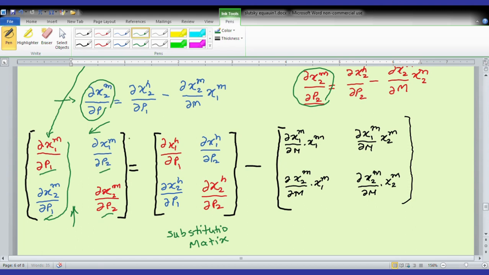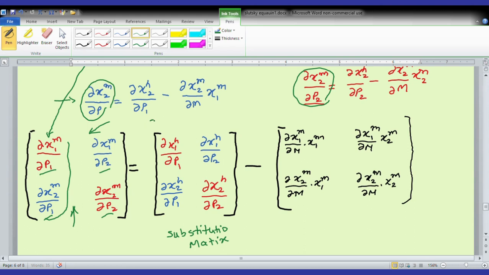If there had been a third commodity, there would have been a third column as well as a third row, the third column consisting of the partial derivatives of the Marshallian demand functions with respect to price of good 3, and so on.